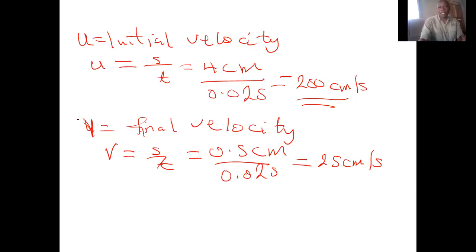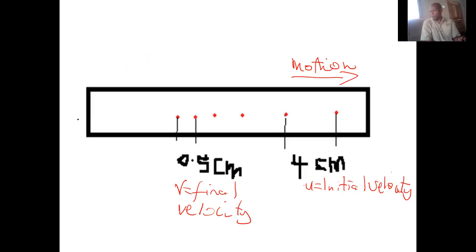You notice that here we have the complete ticks: 1 here, then 2, and 3. Since this is the initial velocity and this is the final velocity, we get half a tick on this side and half a tick on the other side, which gives us 0.5 for each of them.